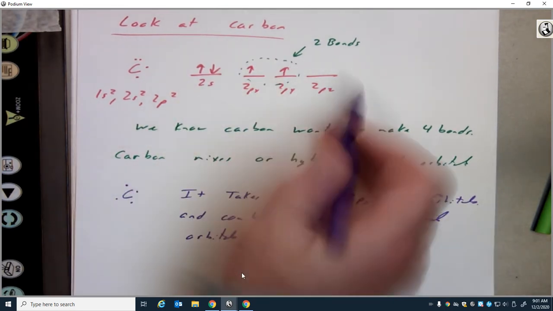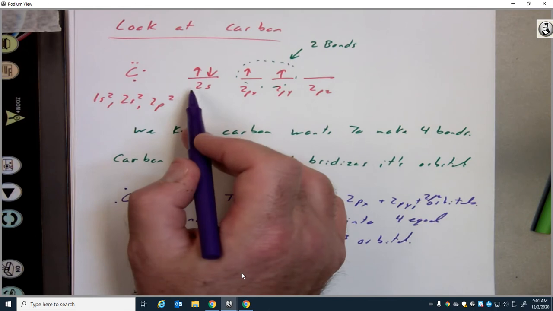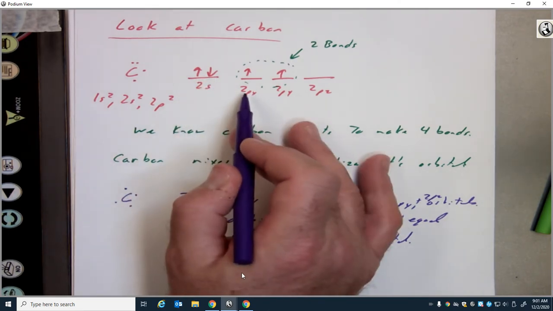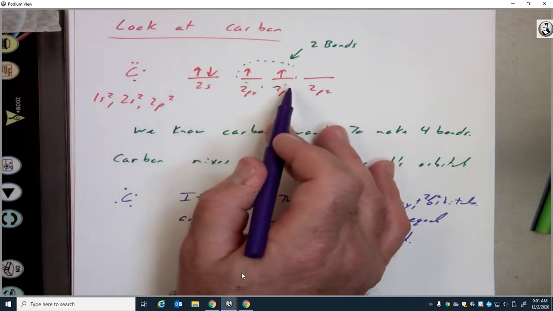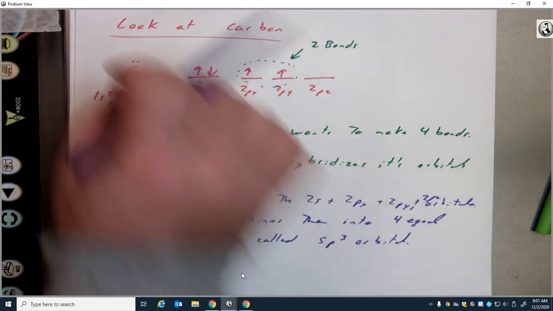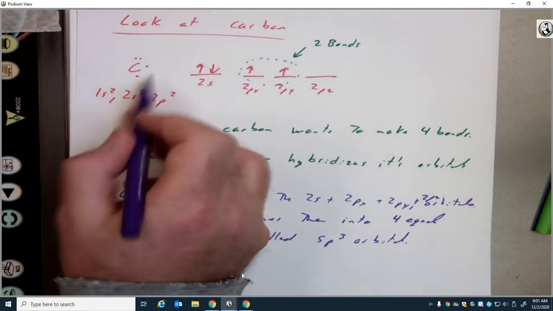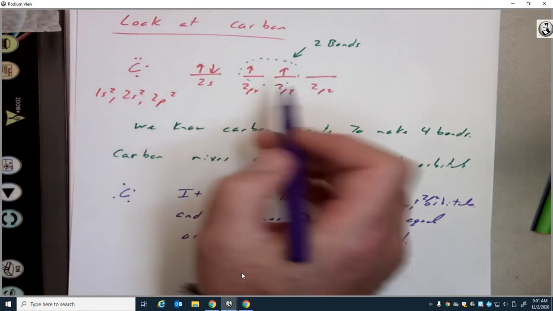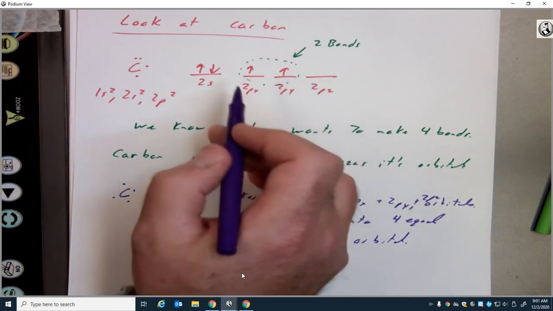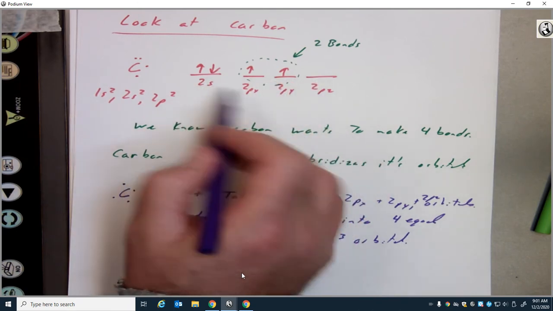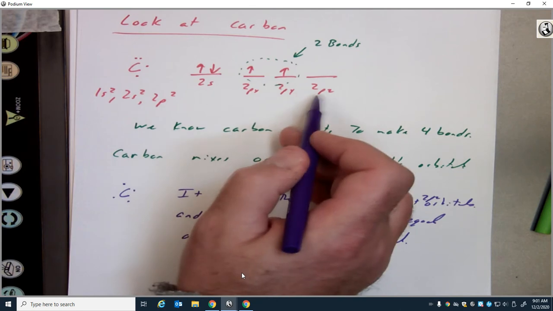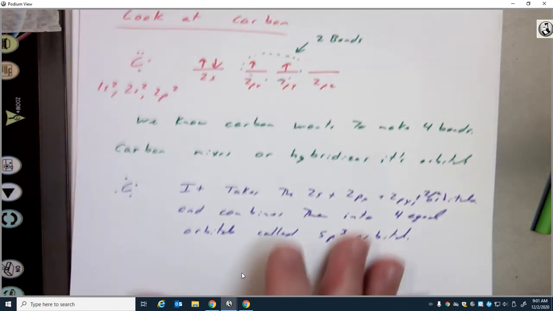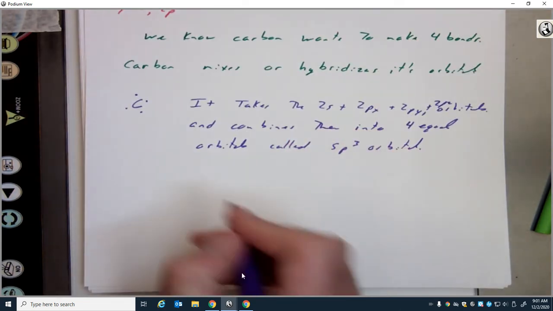So if we have carbon by itself, we know we have 2 electrons here, and we have 1 in the px and 1 in the py. Well, when this bonds, now remember, this is during bonding, it doesn't act like this. What happens is it takes this s, this is px, py, pz, and it mixes them all together to give us 4 orbitals.